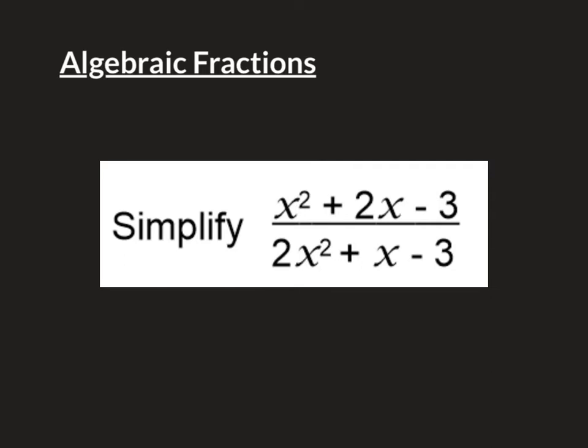The first thing I want to highlight is when we get things like this, one of the really common mistakes I see is people go, oh, there's a -3 on the top and there's a -3 on the bottom, so I can just cancel those all out. You cannot do that.